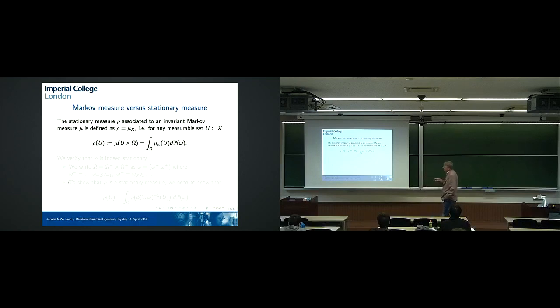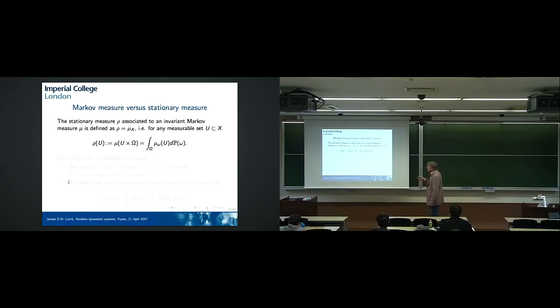more explicitly. So the stationary measure, rho, was the empiric measure, and with respect to a Markov measure, we can define rho as the marginal with respect to the phase space x of this measure. So if you take the marginal of mu with respect to the time variable, or the noise, I get p.